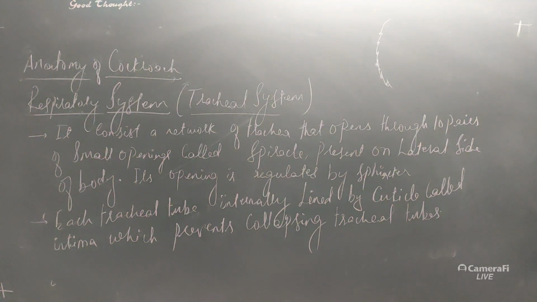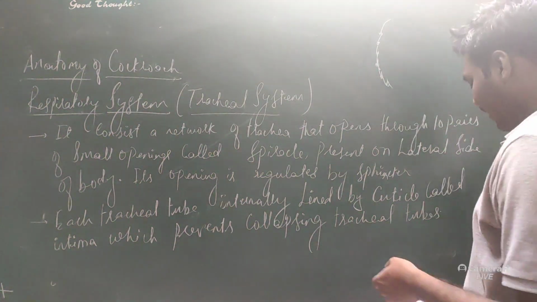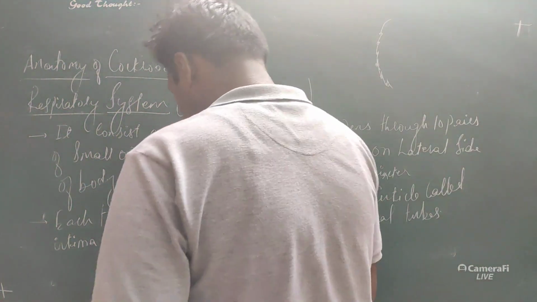That is the function of the internal lining of cuticle, the intima, which prevents the collapsing of the tracheal tubes.